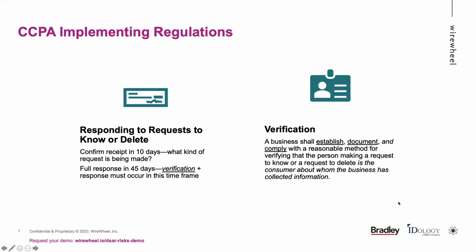In terms of thinking through what a verified consumer request is, there are a couple of pieces to that. An individual can request specific pieces of personal information. They can request categories of information about them, and they can also request their information to be deleted.